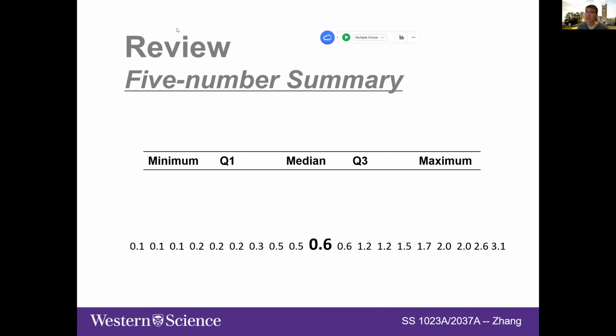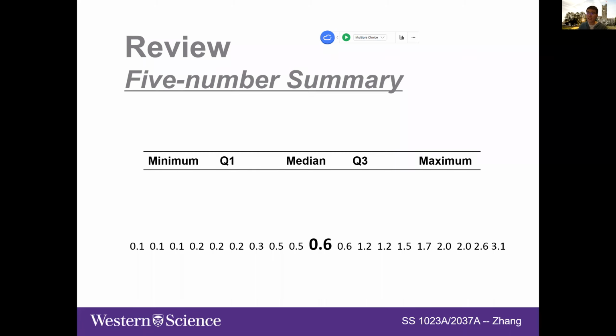They include our minimum and maximum, which are very easy to obtain, and we also have a median, first quartile, and third quartile. The quartiles are a little tricky to obtain because it depends on whether we have an odd or even number of data points.